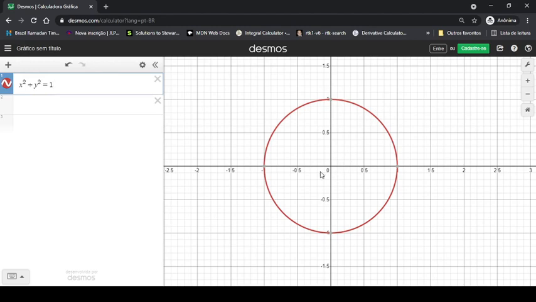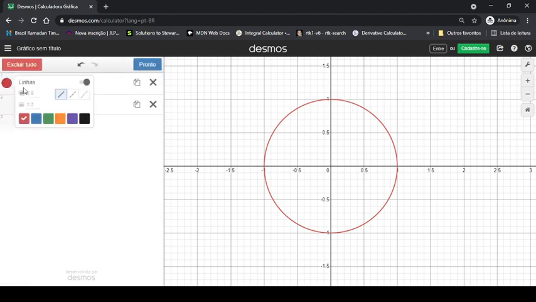So the distance between here and here, here and here, is also always 1. Okay, so what do we want to do with this one? Well, first let me put this so it can be like this, because this will be our orbital for the moon.